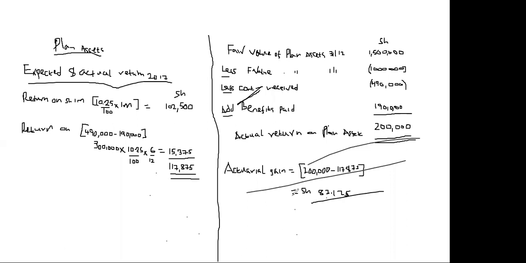So the last item in that question is to get the cumulative net unrecognized actuarial gains.